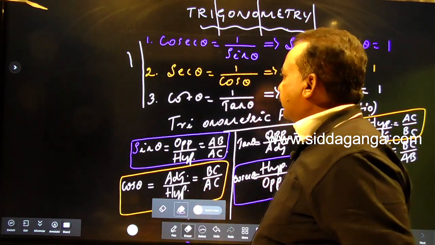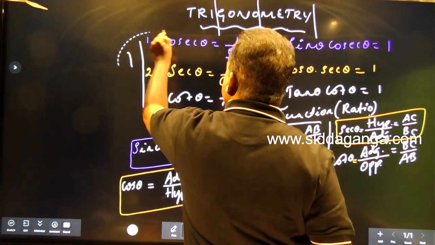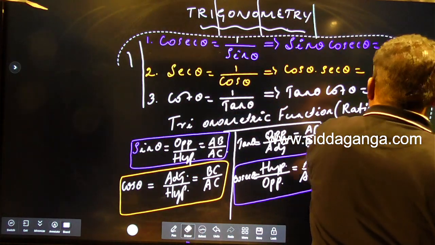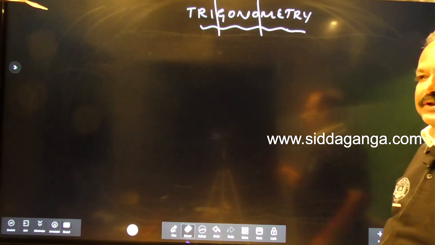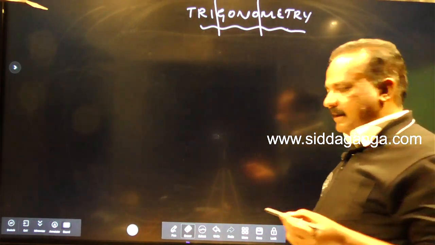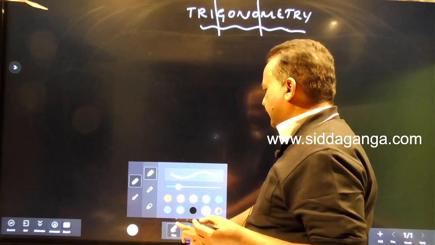Pythagorean relations that you have in the trigonometry. We can prove them, but not needed. Just you should know the Pythagorean relations. What are Pythagorean relations?